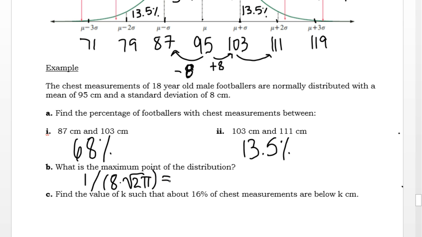The standard deviation in this case is 8. So if I do that formula on my calculator, I get 0.499. Probably could round that to 0.5.